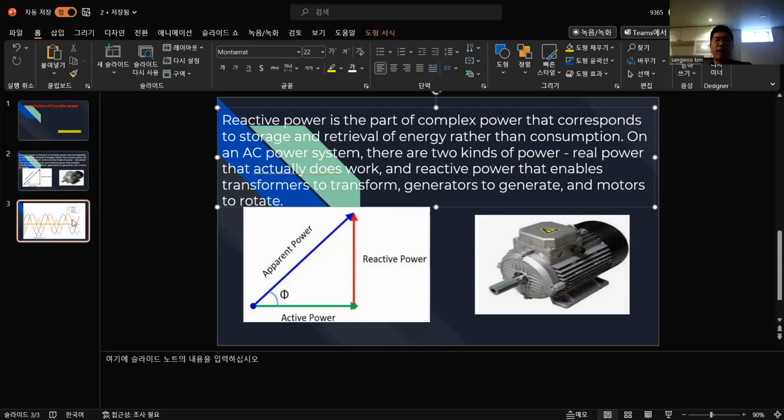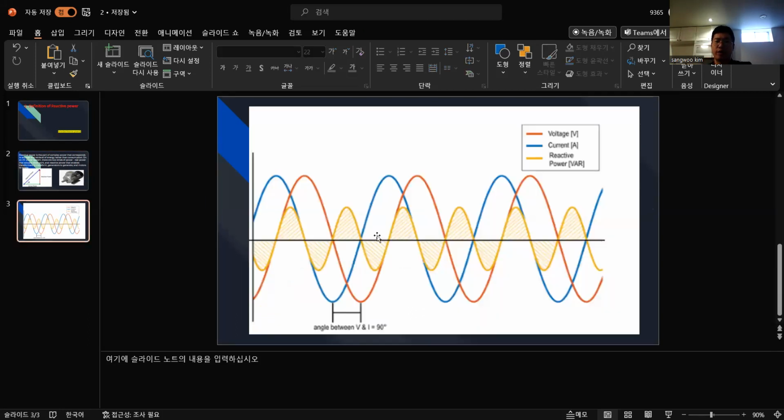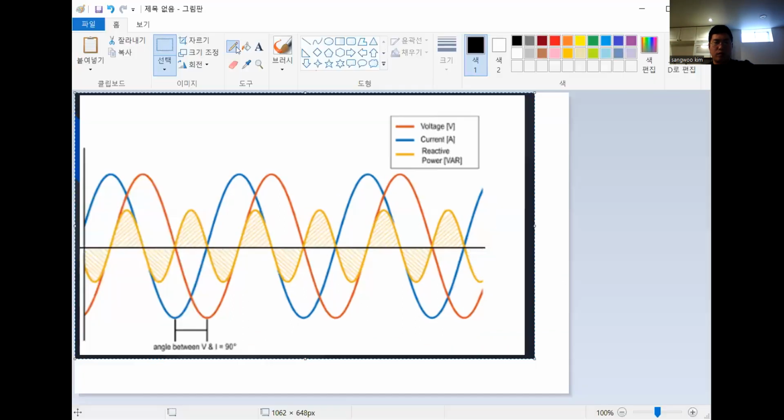By the way, I will explain one more thing here, compared to active power, the graph. Sorry, I forgot to explain this. First of all, look at the guys here.